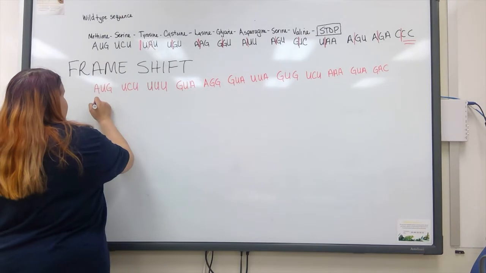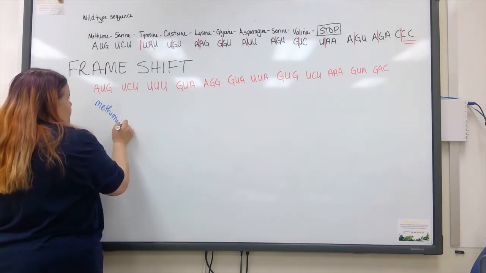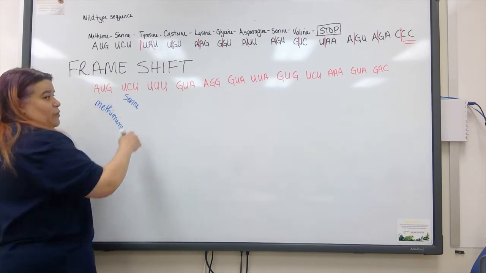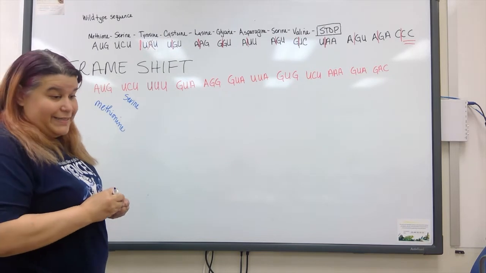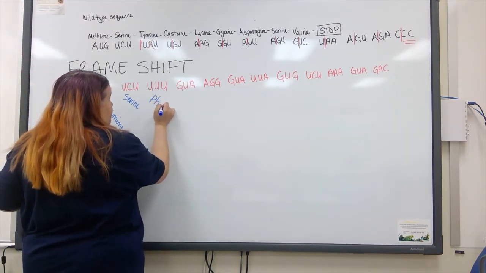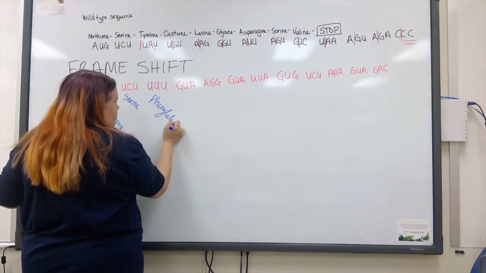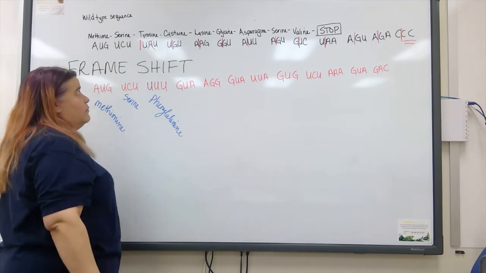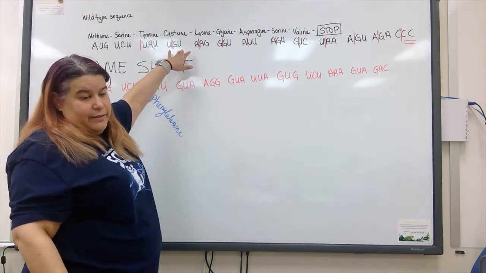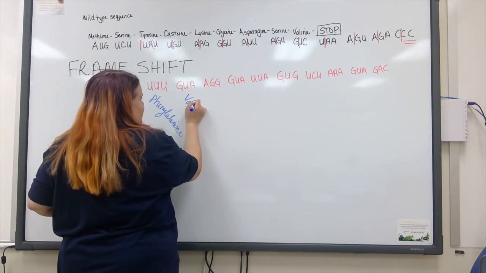This is still methionine. This is still serine. This is no longer tyrosine. Instead, this is phenylalanine. No longer cysteine, instead it's valine.